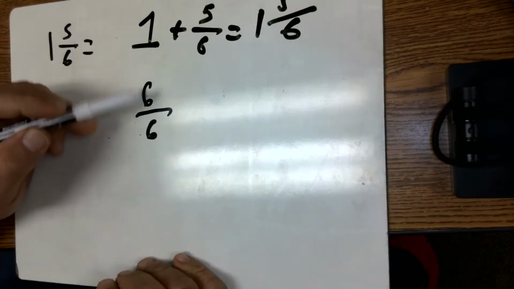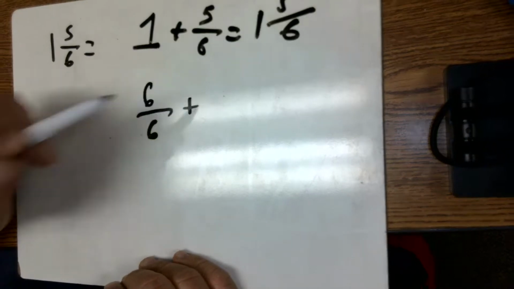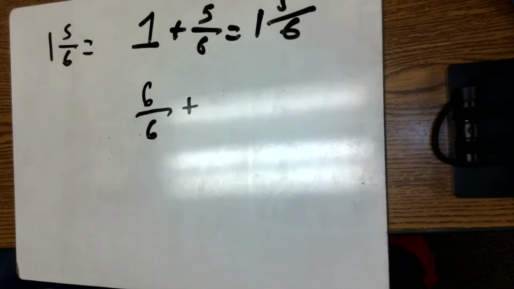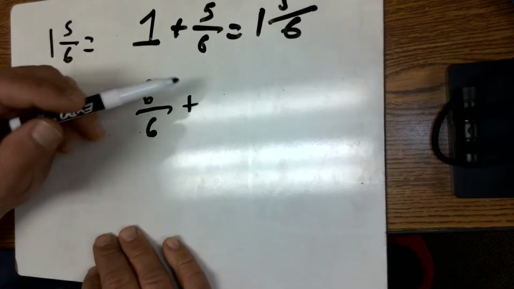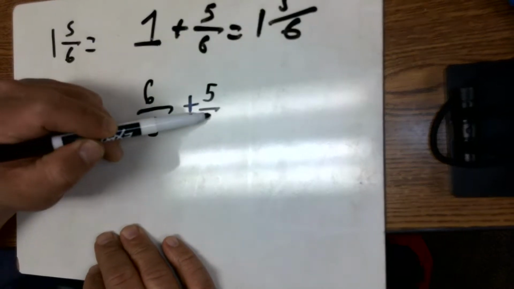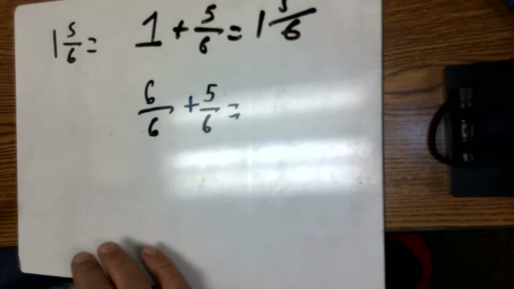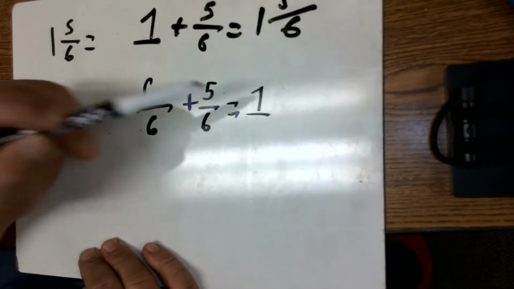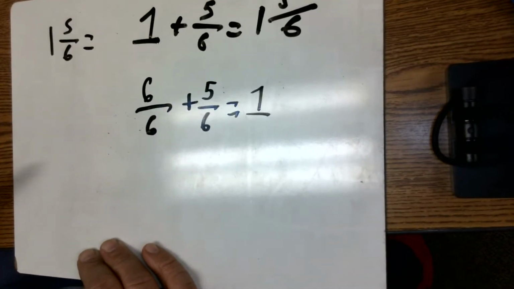So this is correct. 6/6 plus 5/6 equals 1 whole and 5/6.